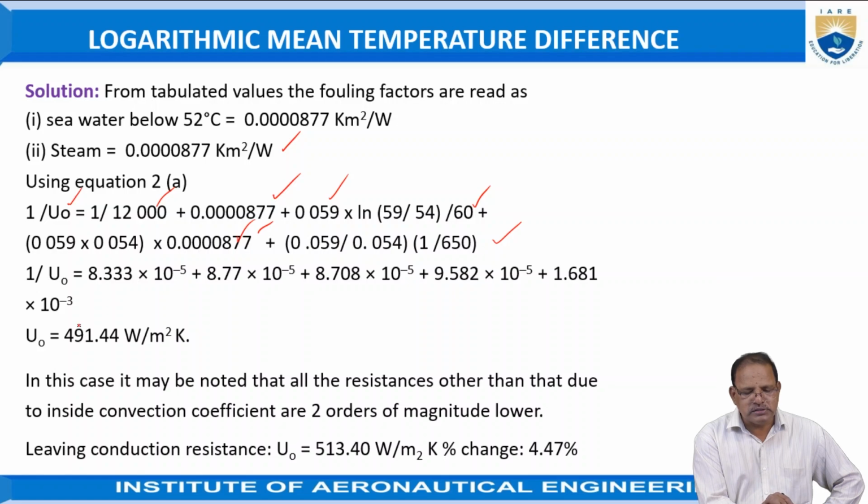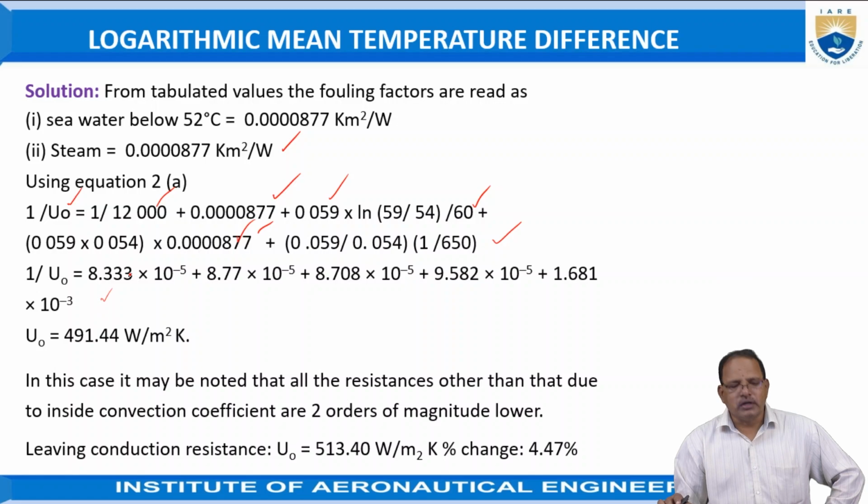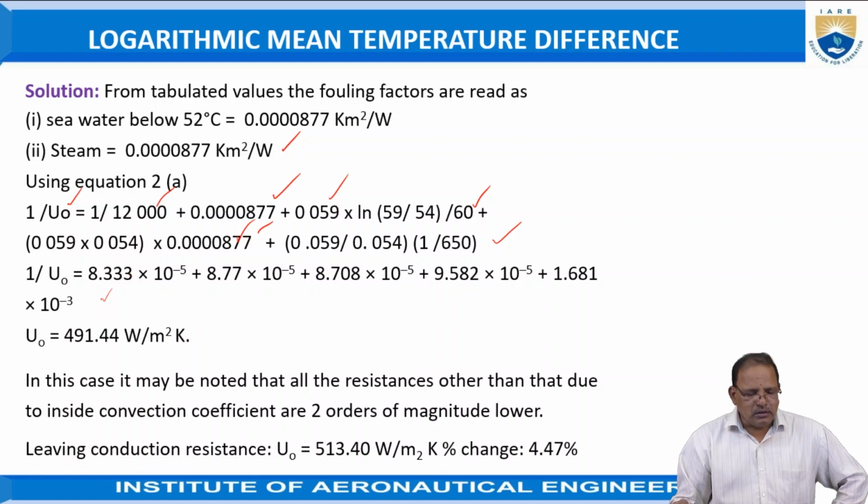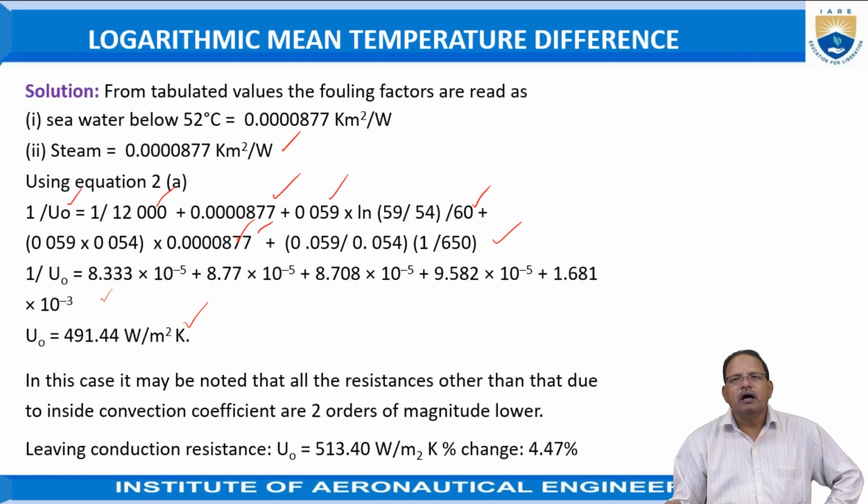We get from these relations 1 by U naught, the overall resistance. Doing the calculations, U naught, the overall coefficient of heat transfer, is 491.44 watts per meter square K. In this case, it may be noted that all the resistances other than the inside convection coefficient are two orders of magnitude lower.